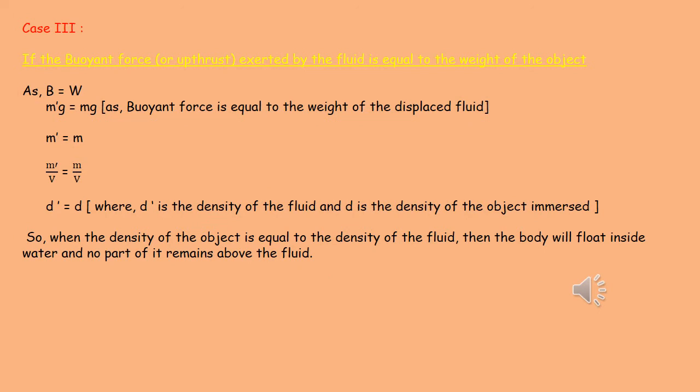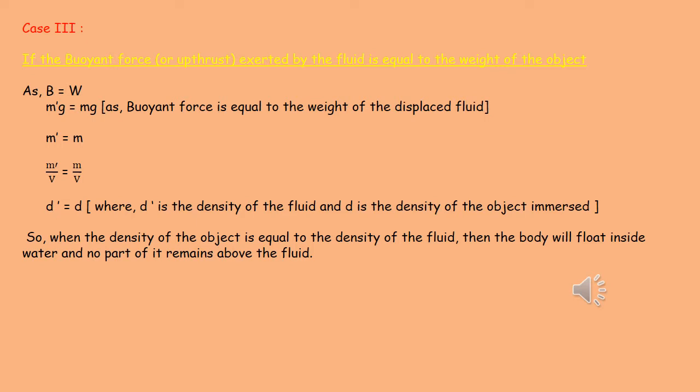Case 3. If the buoyant force or upthrust is exactly equal to the weight of the object. This is a very rare case where the buoyant force is equal to W. So we can deduce that d dashed is equal to d. That means the density of the fluid and the density of the immersed body will be the same in this case.